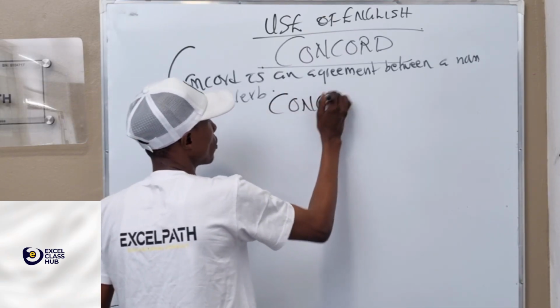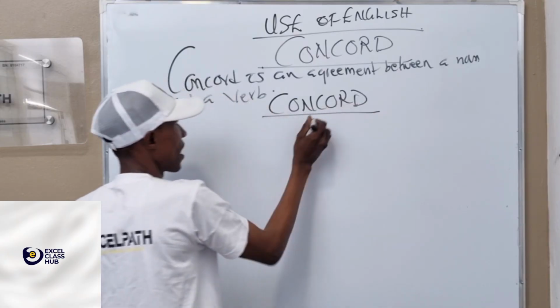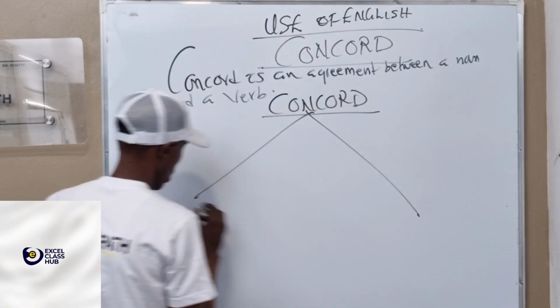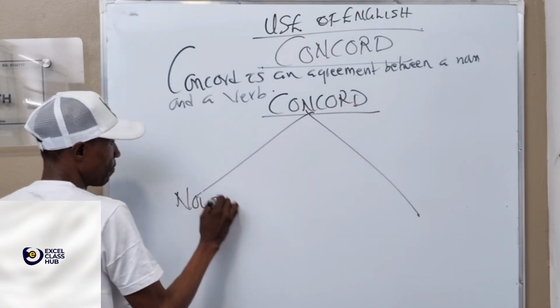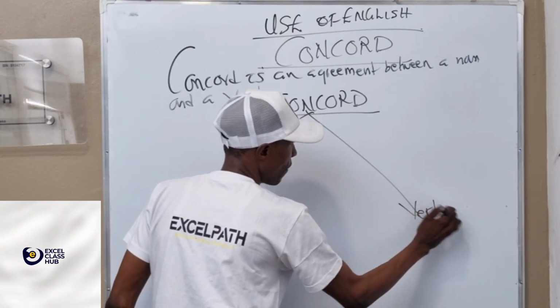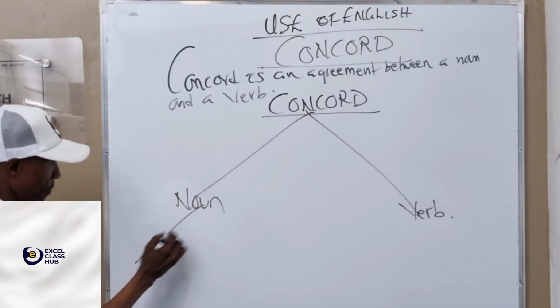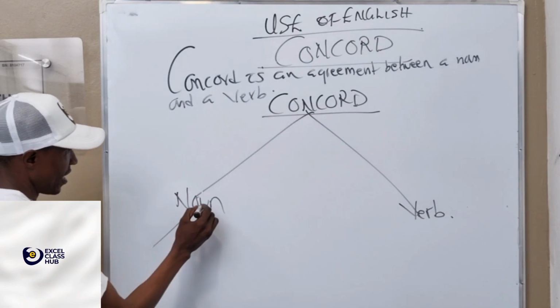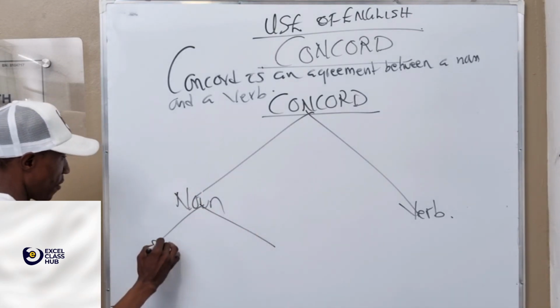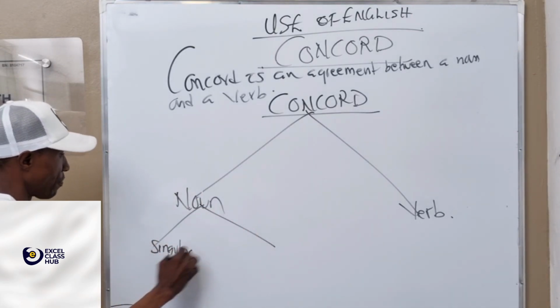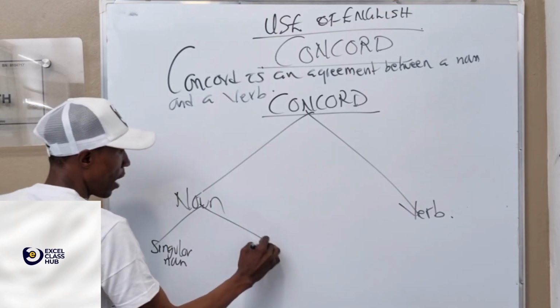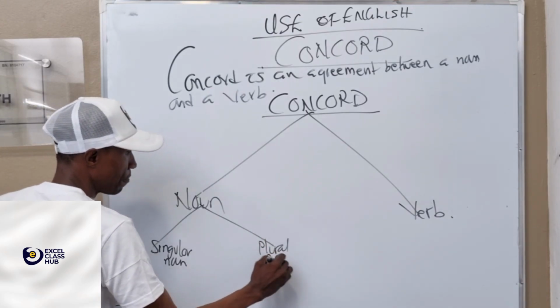We said concord is classified into two. We have the noun and we have our verb. And the noun is classified into two: we have our singular noun and we have our plural noun.